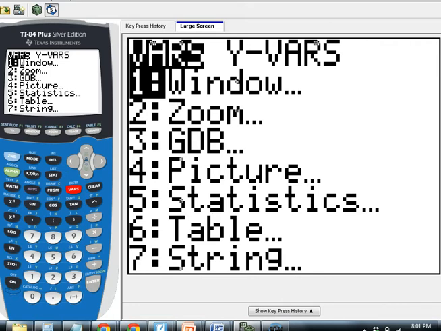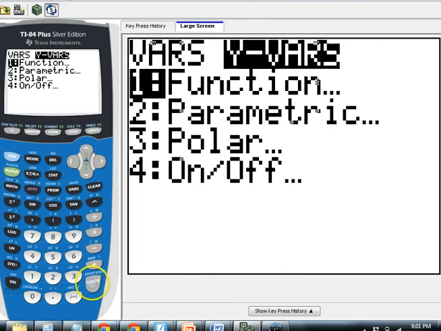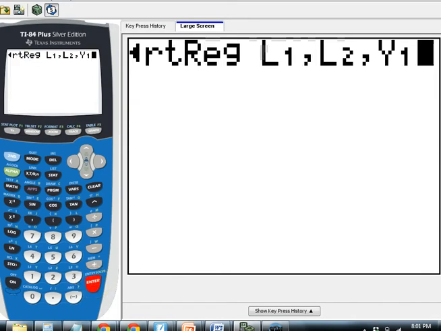So we push vars, we go over to y vars and press function y1. And that's telling the calculator again to take the x coordinates from list 1, the y coordinates from list 2, make an equation that fits that data, and put it in y1.